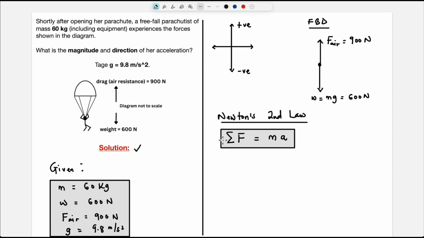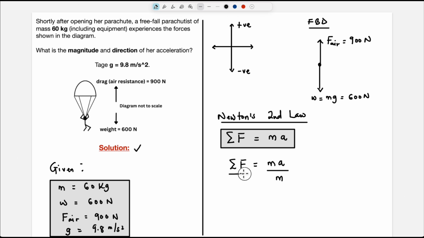From this equation, we can isolate the acceleration by simply dividing both sides of the equation by m. So if we have the net force, which is sum of all the forces, equals the mass times acceleration, now we can divide both sides by the mass.